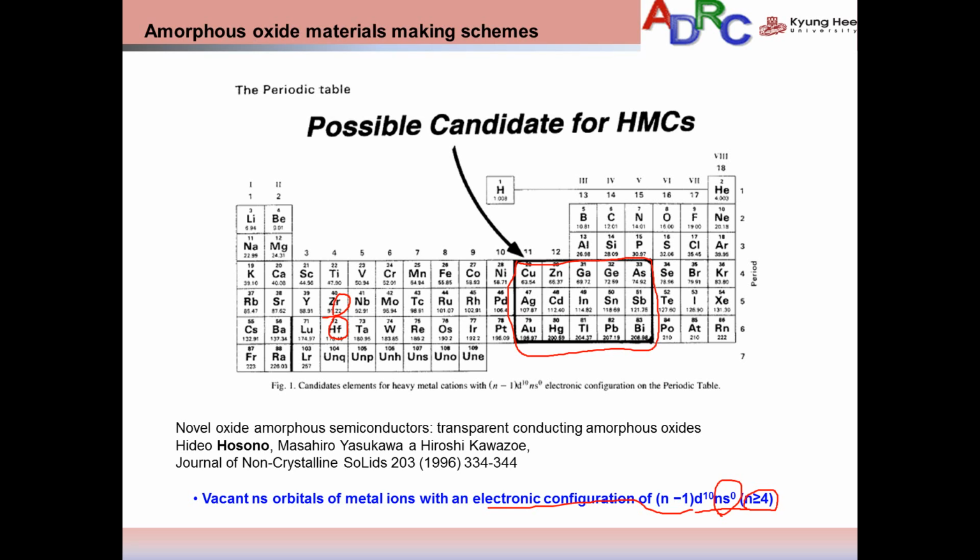So in this case, when somebody uses zinc or indium or gallium or something made of these atoms, the probability to have a good conduction path is higher than others. Therefore, these materials can lead to oxide semiconductors.